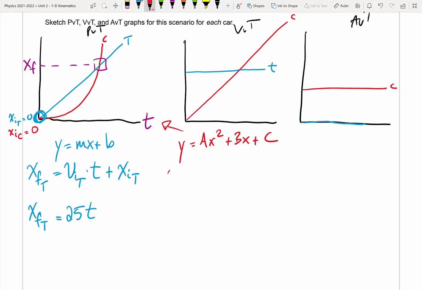Okay, y is again the x final, but now I'm talking about my car. The a parameter is 1/2 the acceleration. How do we know that? Look at this. Remember our equation from the second kinematic equation is 1/2 at squared.